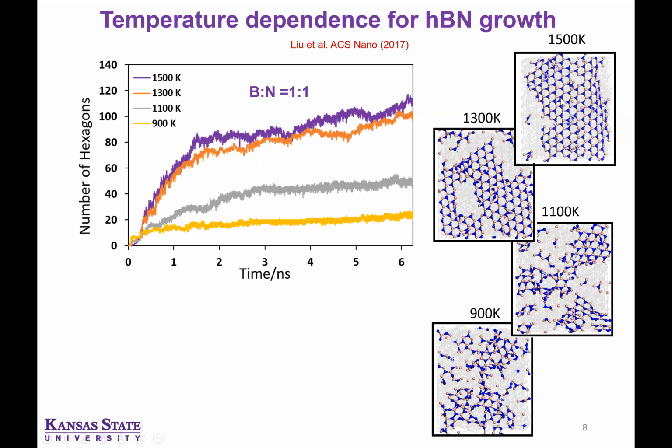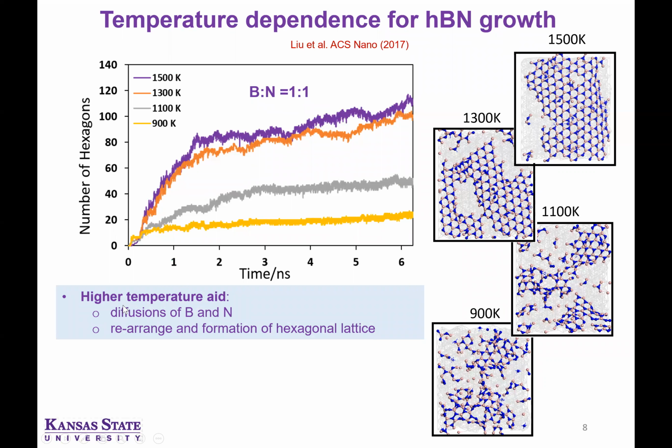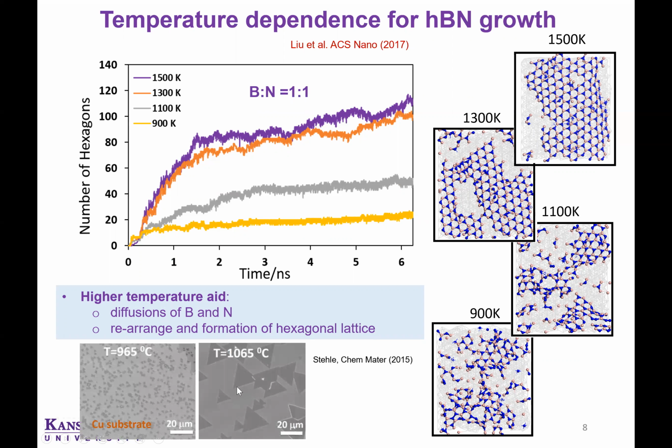And at the highest temperature, 1500 Kelvin, nearly all the boron and nitrogen we deposit on the surface have been incorporated into the network monolayer. We attribute the higher temperature to faster diffusion of the elements boron and nitrogen, and also higher temperature helps to rearrange and reorganize these lattice structures, favoring the formation of the hexagonal boron nitride lattice.